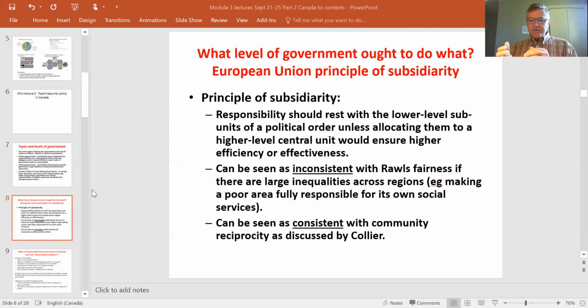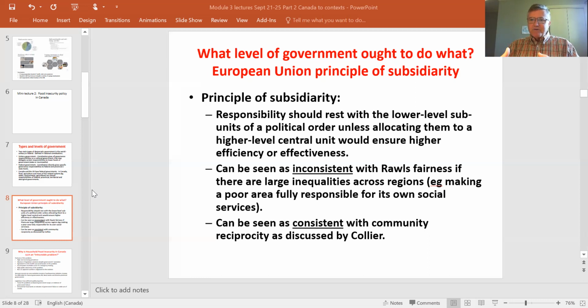It is also interesting to think about allocating to the local level relative to what Collier has taught us about reciprocity, that we feel strong bonds of relationship with our families, our communities, and our nations. If our communities are that important to us, perhaps subsidiarity is very good, because then we place responsibility at the level at which people feel responsible.